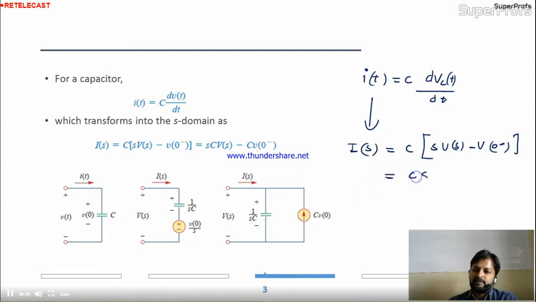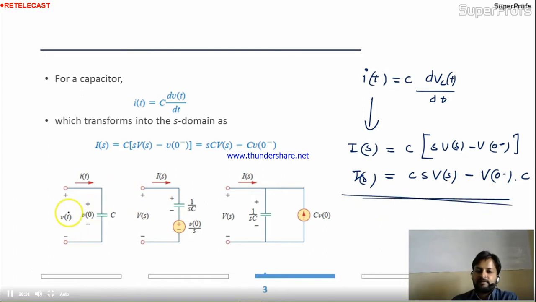So when you open it, it is CsV(s) minus CV0. Is it okay? If you want to write this equation for the capacitor, first the capacitor is given in the time domain: v(t) is the voltage across the capacitor, i(t) is the current into the capacitor, and V0 is the initial condition across the capacitor. Now you are changing it, so you need this equation.